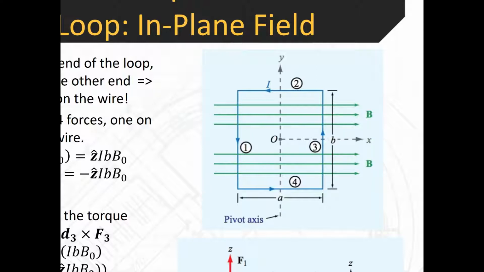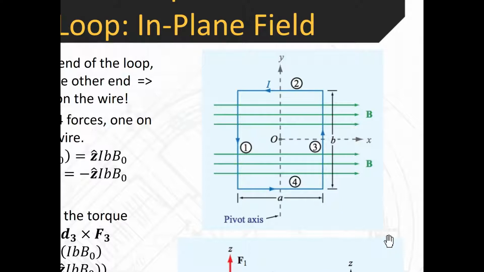I'm telling you that this loop of wire will actually have a torque applied to it. So which direction will this loop of wire rotate is what I'm asking. The way you can figure this out is think about the forces on each one of the segments of this wire. There are 4 segments of the wire: 1, 2, 3, and 4.